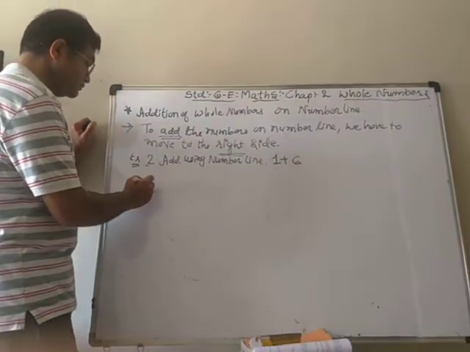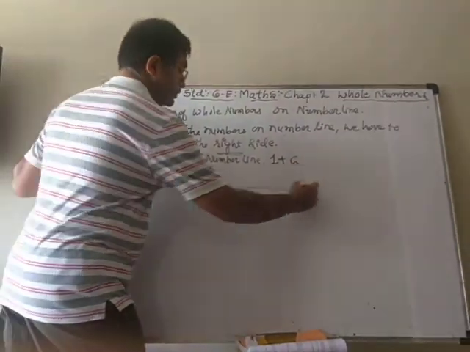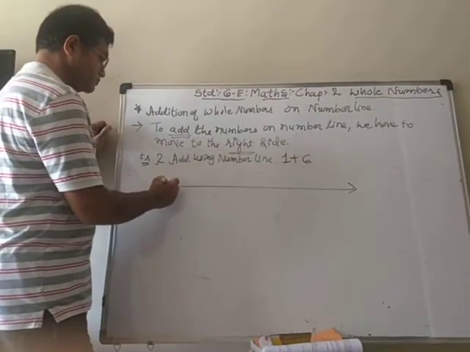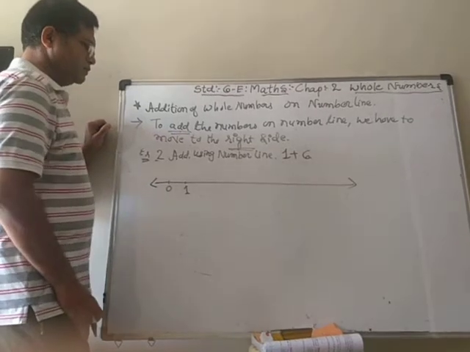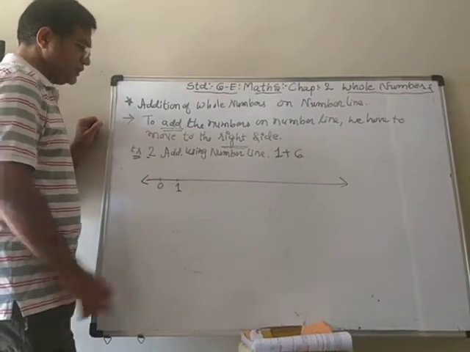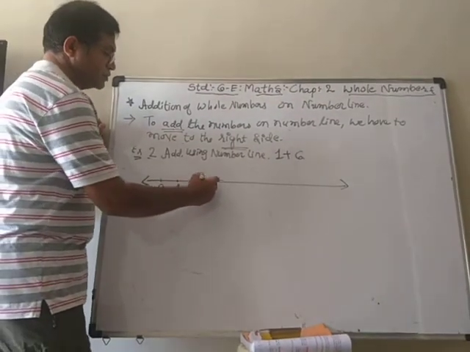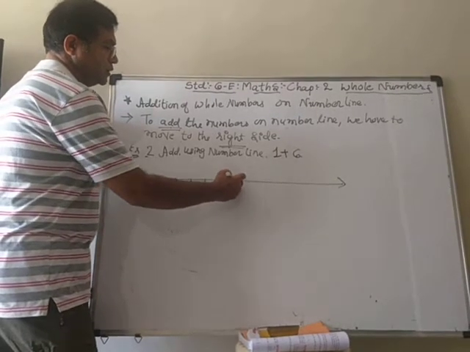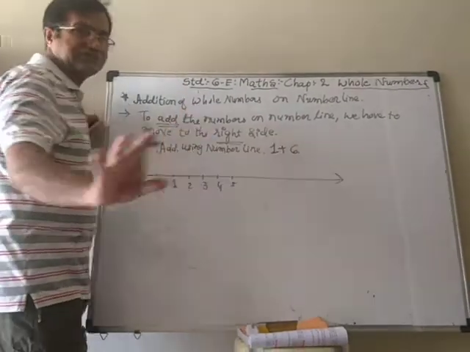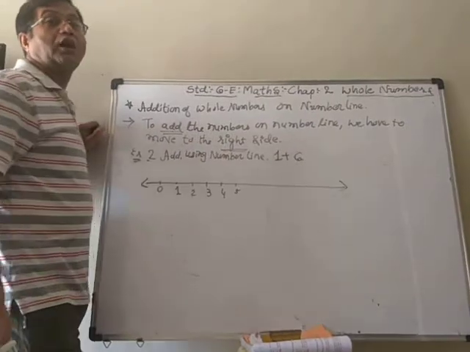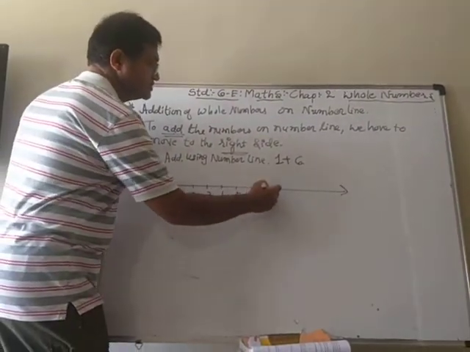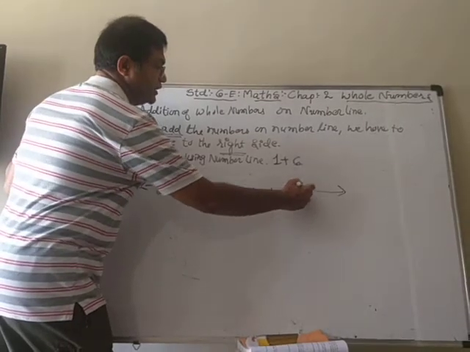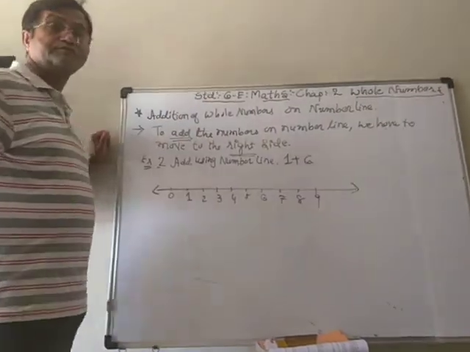So now draw a number line, take 0, make your unit distance, and then same distance you have to go. You know that 1 plus 6 is 7, so at least you have to go up to 7 or more than 7. So 5, 6, 7, 8, 9.